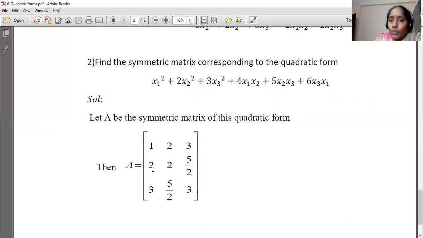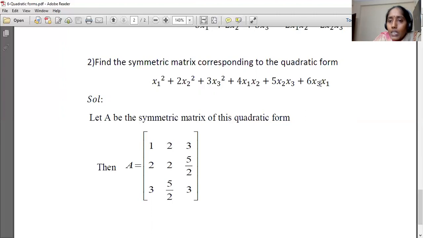That is 1, 1. Now the x2x3 coefficient is 5. Again, this coefficient is evenly distributed in the places of a23 and a32. That means 5 by 2. The second row, third element is 5 by 2, and the third row, second column is 5 by 2.